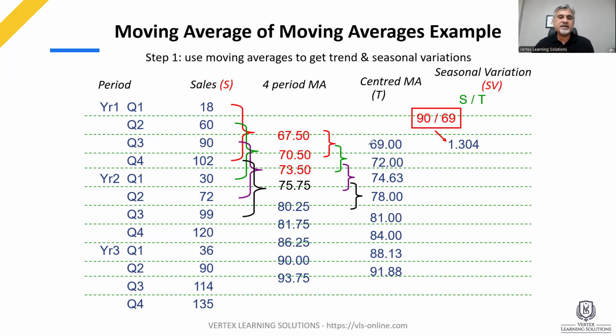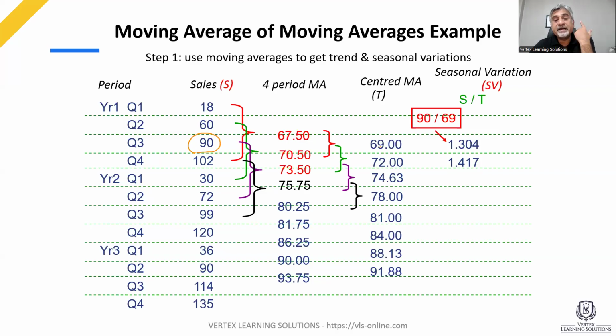So 69 into 1.3, you get 90. The actual sales would be 1.3 times more, which means 30% more than the average sales in quarter number 3. In quarter number 4, if you pay attention, it becomes 1.417 because we divided 102 by 72.